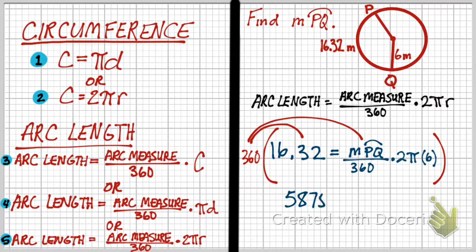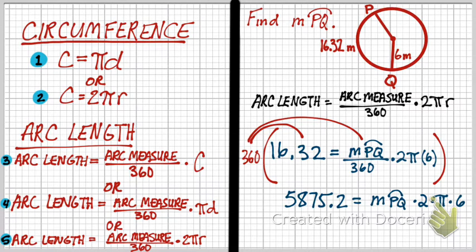When I multiply 360 times 16.32, my answer is 5,875.2. When I multiply 360 in red times the right-hand side of the equation, the 360 in blue will divide it out, and I will be left with just the right-hand side of the equation, but without the 360 on the bottom.